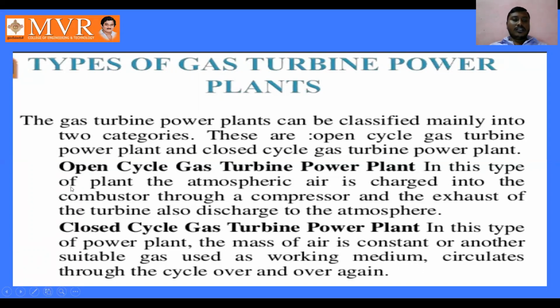See here, these are the classifications of the gas turbine, which has been divided into two types: open cycle gas turbine plant and closed cycle gas turbine plant. We are going to study the open cycle and closed cycle gas turbine plants in a detailed manner in the coming classes.